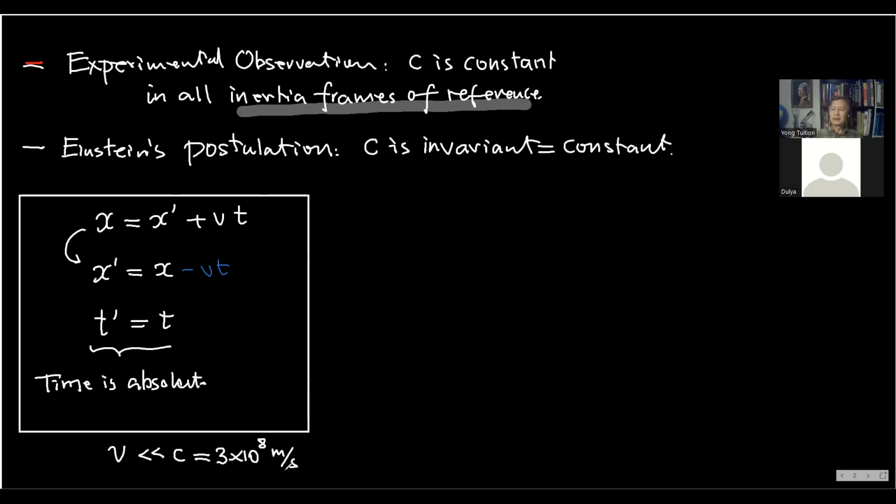Actually, light speed is also the fastest velocity in the universe. People in physics still accept this idea: no object can travel faster than a photon or light or radiation. Okay, so this is a constraint.